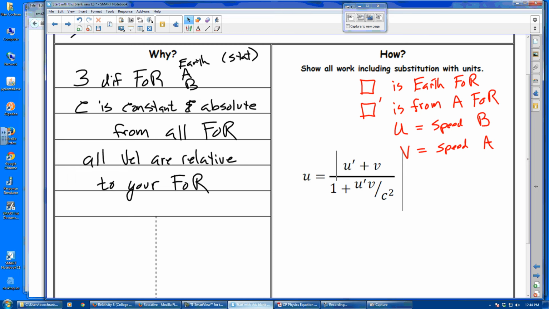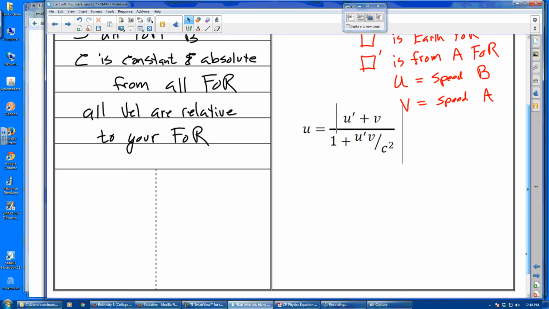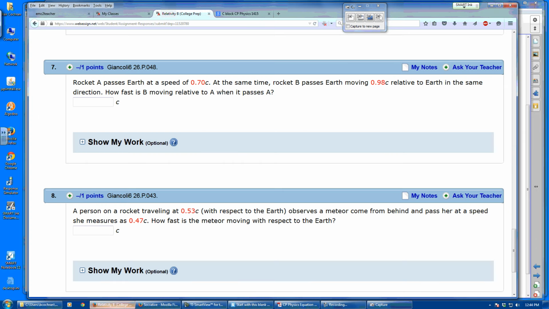Usually I try to get it so that U is the one I don't know, and V is a known. These are really velocities, so I should have vectors over these, because we have to take into account if they're positive or negative. But in this case, everything is positive.